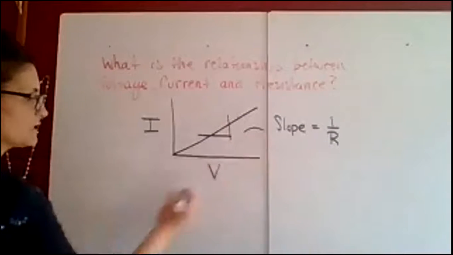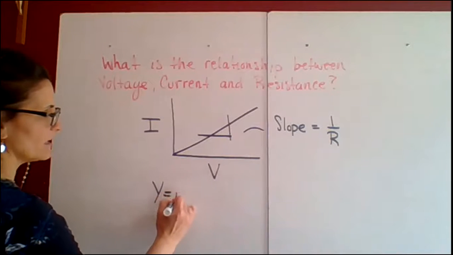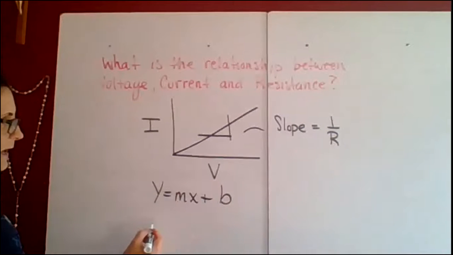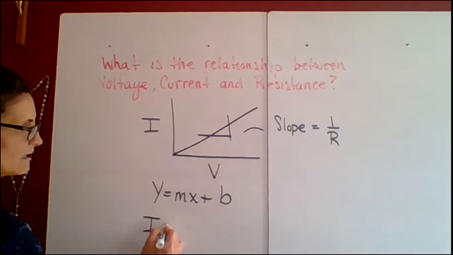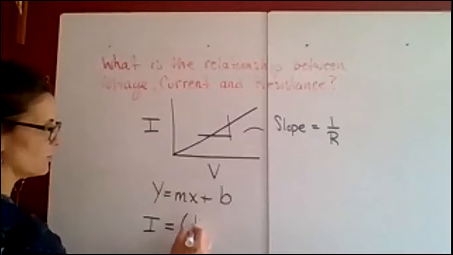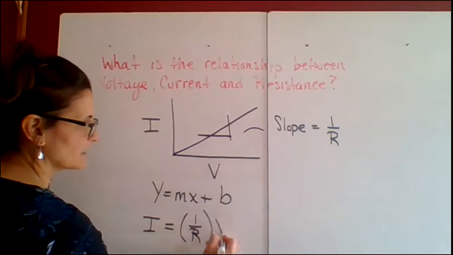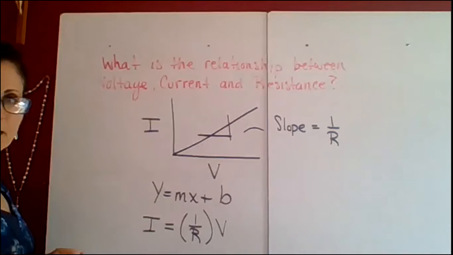So if I put that in the form y equals mx plus b, my y is current, equal to the slope, 1 over resistance, times the x-axis voltage.